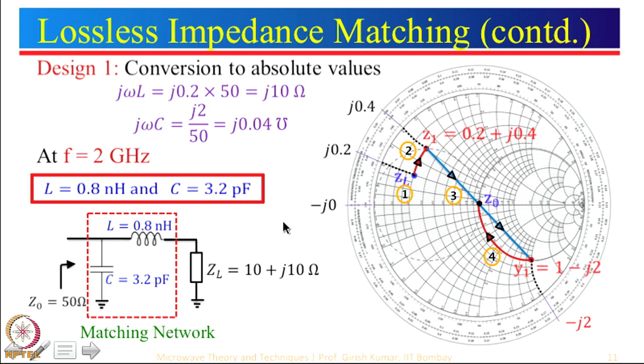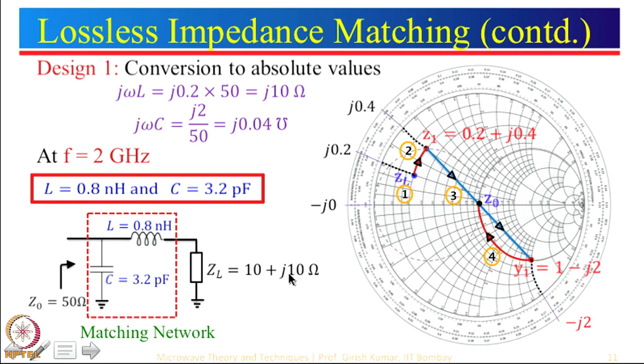At low frequencies you are probably used to using inductors of microhenry or even millihenry, and capacitances of microfarad or nanofarad, but over here the inductor and capacitor values are very, very small. Suppose the frequency was not 2 gigahertz but 0.2 gigahertz, that means 200 megahertz, then this value will become 8 nanohenry and this will become 32 picofarad.